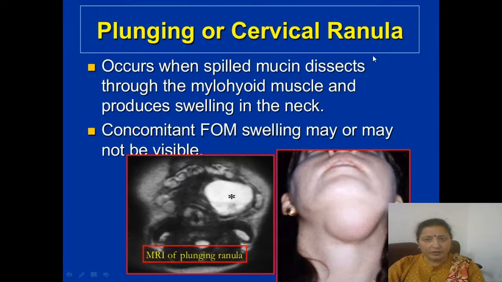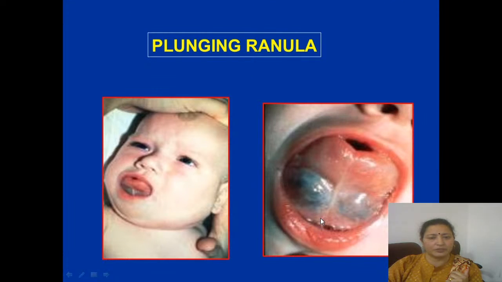Plunging or cervical ranula occurs when spilled mucus dissects through the myohyoid muscle and produces swelling in the neck. It has both. It has a floor of the mouth lesion also, and it will have a visible swelling also. So the diagnosis can be made by looking at the external view and also opening the mouth and seeing this condition. This is how it looks, right?